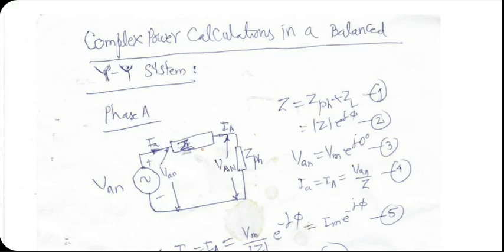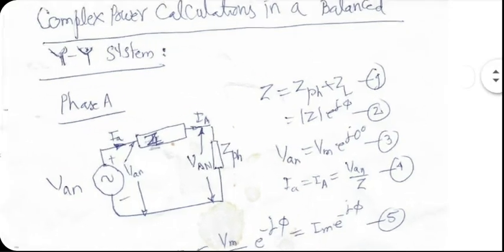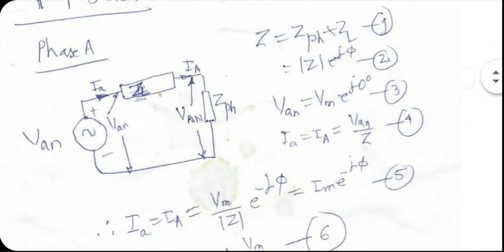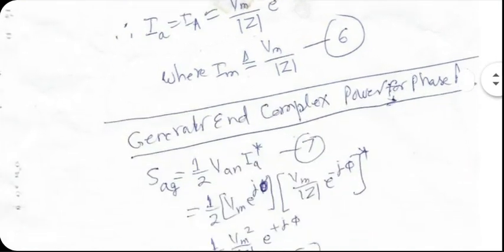It is only the transmission line which has a loss characterized by an impedance ZL. So the equivalent circuit now has this additional impedance ZL between source and load. So total impedance now will be ZPH plus ZL. And accordingly, everything has to be changed.